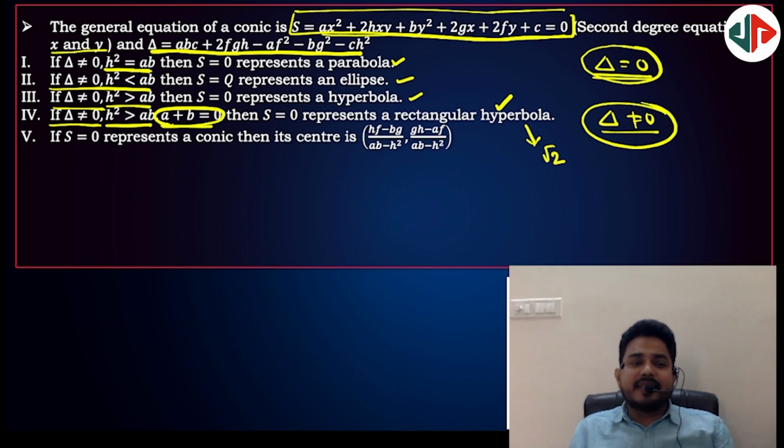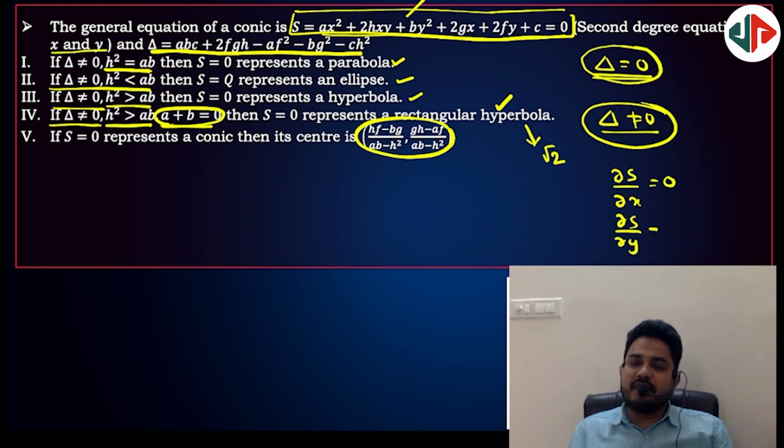And S equal to 0 represents the conic. The center is (hf minus bg) by (ab minus h square), (gh minus af) by (ab minus h square). This is found by partial differentiation: dou S by dou x equal to 0 and dou S by dou y equal to 0.